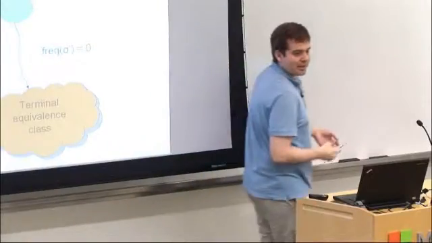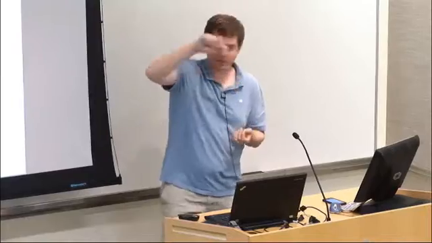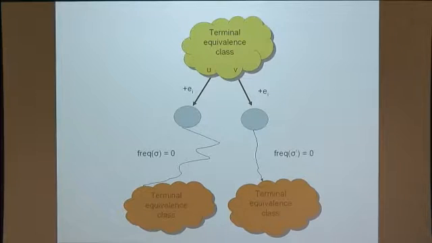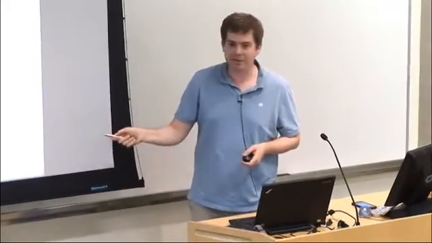And now I did a zero frequency stream walk, a walk in the zero frequency graph, and eventually there's a walk which gets me to a terminal equivalence class. And suppose I were to choose V, a different vertex in the original terminal equivalence class, and do the same thing, I would get to a different terminal equivalence class. Now, I claim that these two terminal equivalence classes are the same.